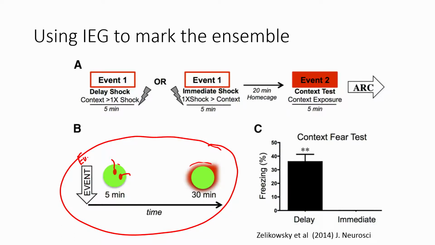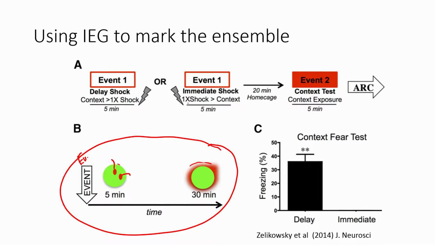Now, let us look at the behavior. What they did were two kinds of things for event 1. A delayed shock group, which is nothing but the regular contextual fear conditioning: you take the animal, put it into the context, wait for a few minutes, then present the electric shock. Group number 2, everything remains the same, except now you give the shock immediately, within a few seconds.